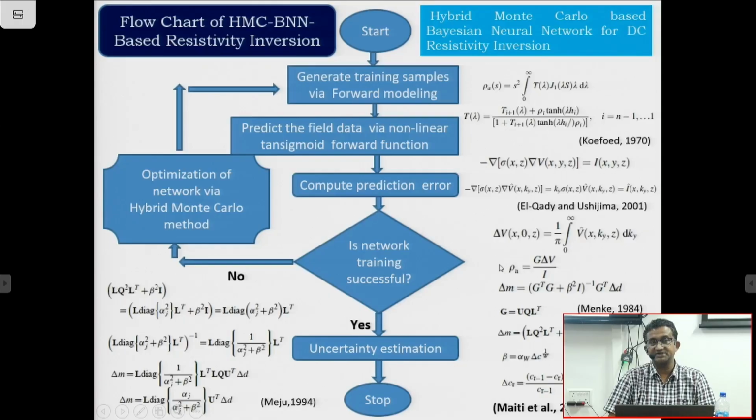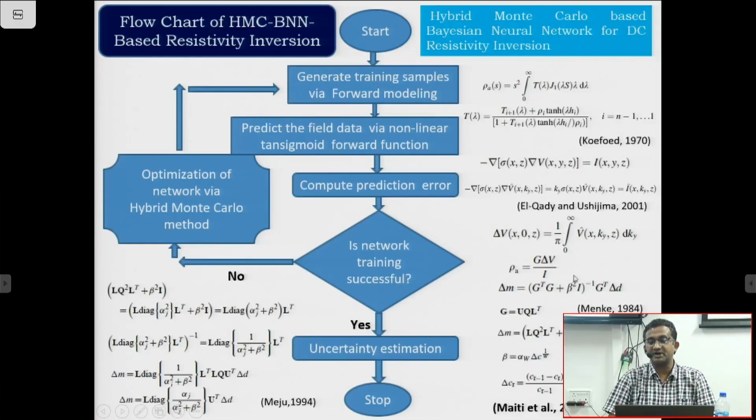So the apparent resistivity of the earth can be computed. And then our inverse problem says that from this apparent resistivity data in the geoelectrical survey, we need to find out the true resistivity of the layers and the thickness.